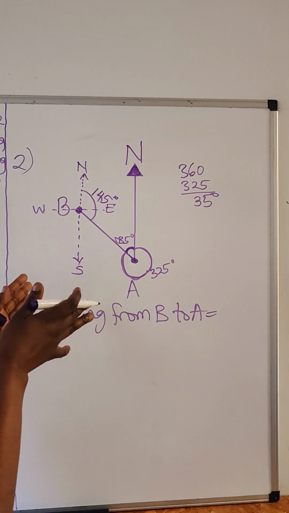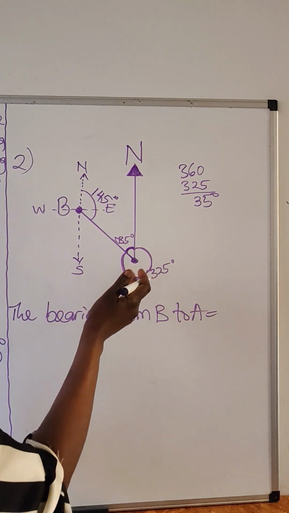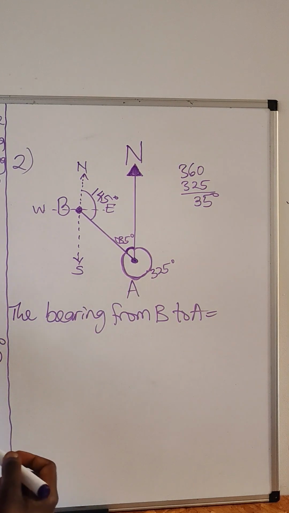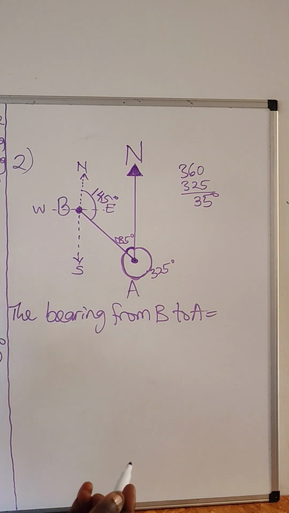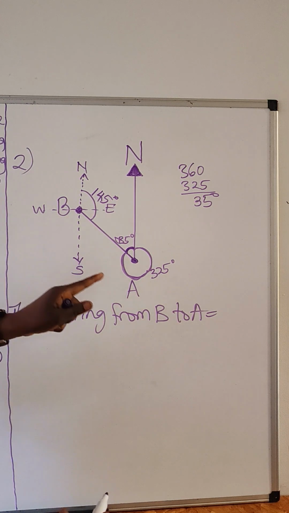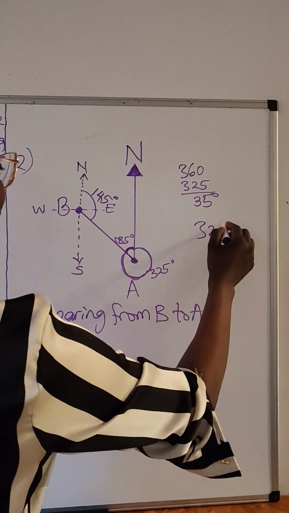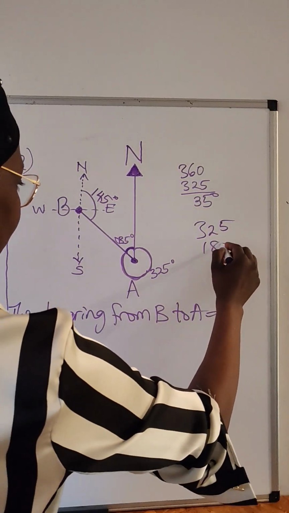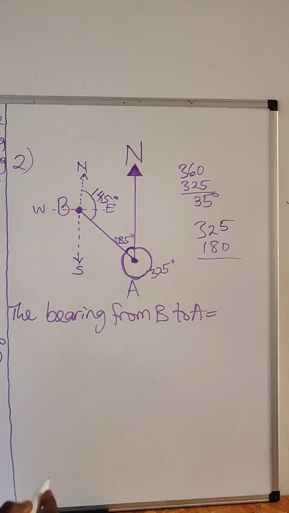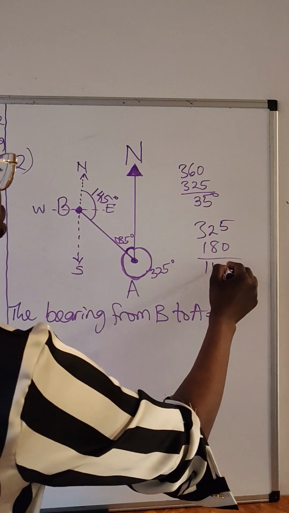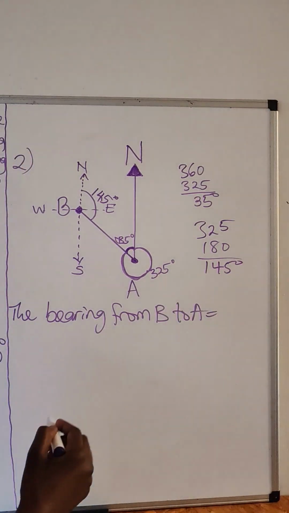So 325 is more than 180, so we subtract 180 degrees from 325 degrees, and we'll be left with 145 degrees.